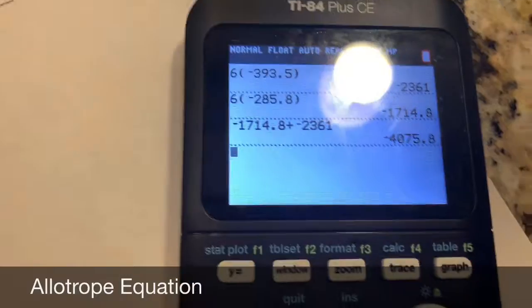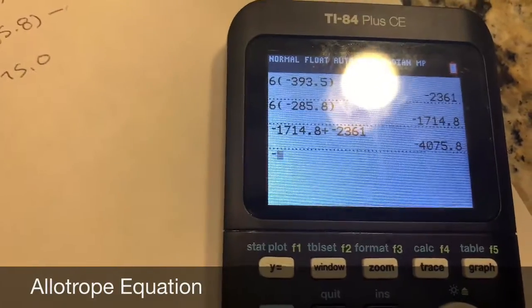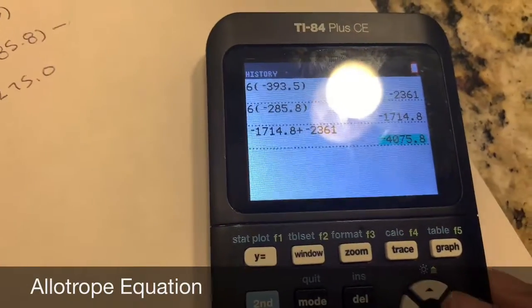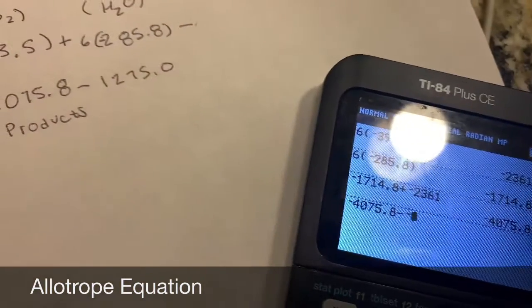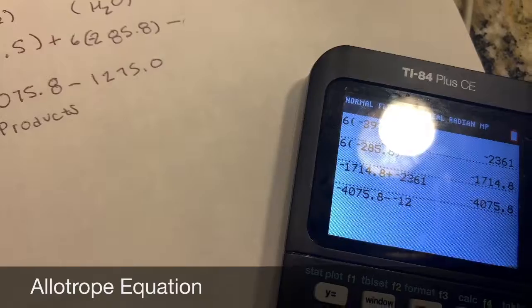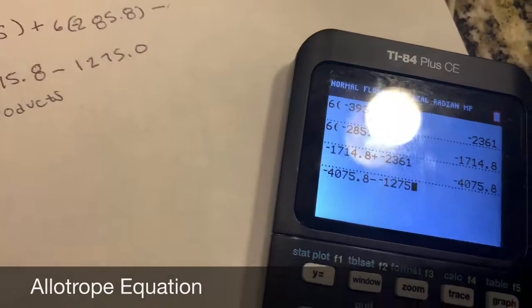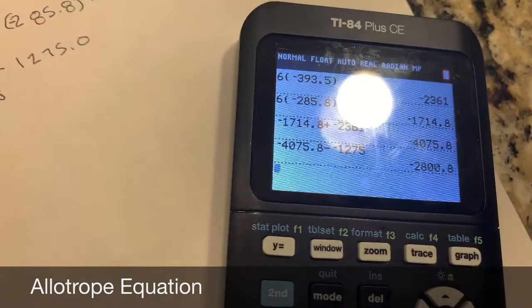And we're going to plug this into the calculator. So here, just do this, subtracted by our reactants, which really changes that sign into a plus sign.